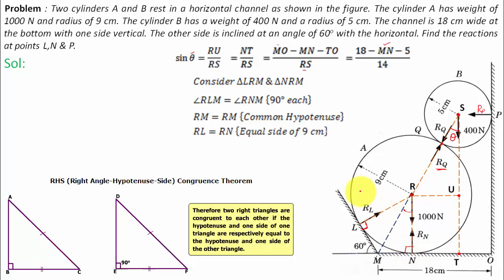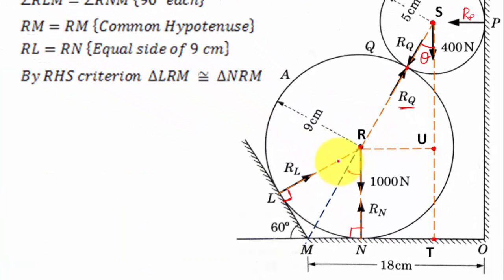That's it. By the RHS criterion, triangle LRM and triangle NRM are congruent. When two triangles are congruent, their corresponding angles and corresponding sides are equal. By that logic, this angle over here is equal to this angle.